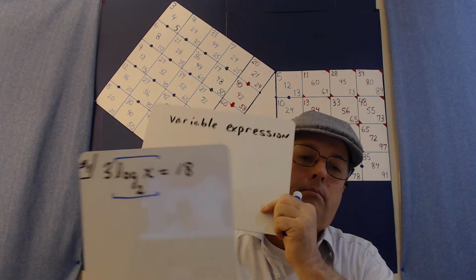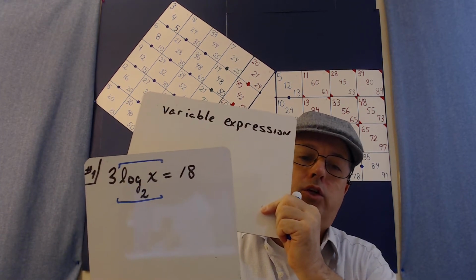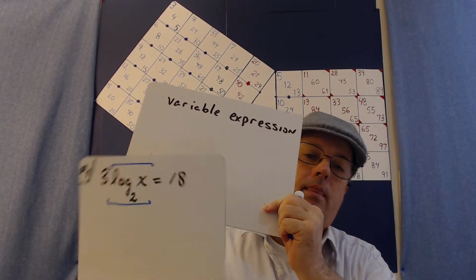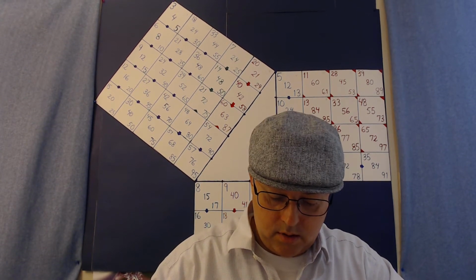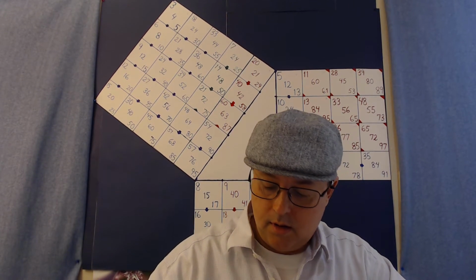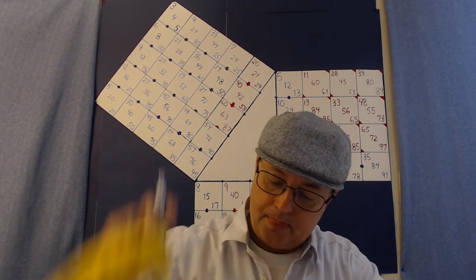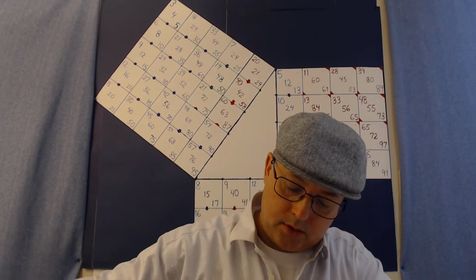The variable expression is the portion of the equation where the variable is. And so the concept is to solve for the variable expression and then solve for the variable.